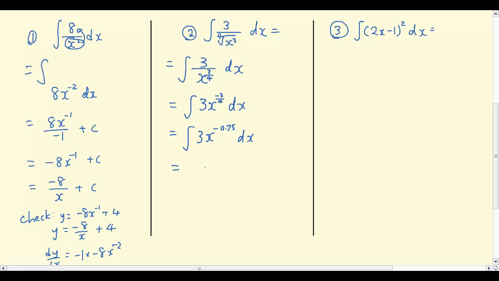And now we use the integration law to integrate it. Then this becomes 3x to the power of negative 0.75 plus 1 over negative 0.75 plus 1 plus c. So now we have integrated it. That's when you get rid of the integral sign.